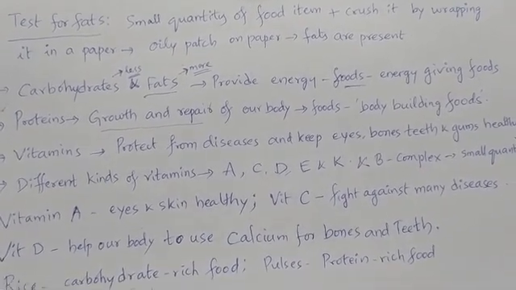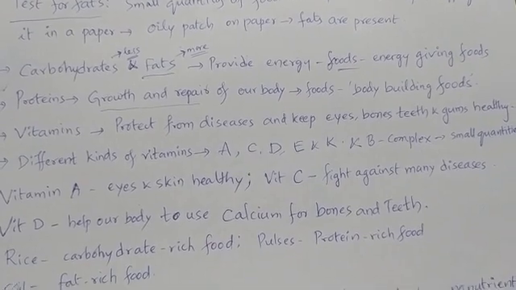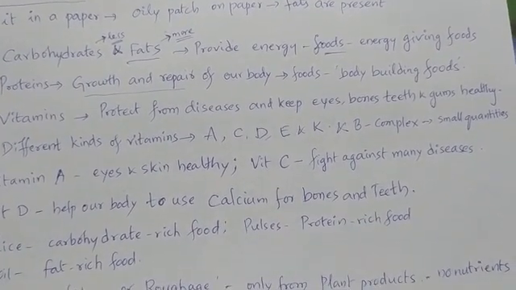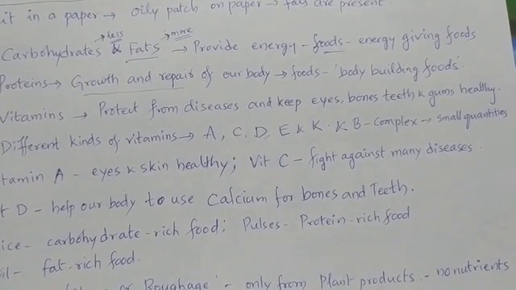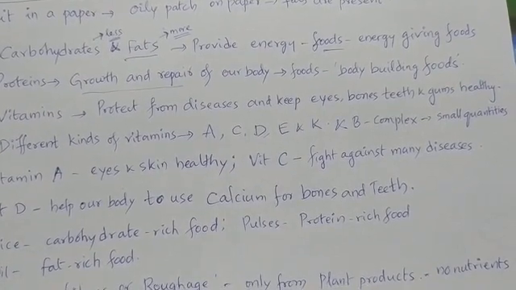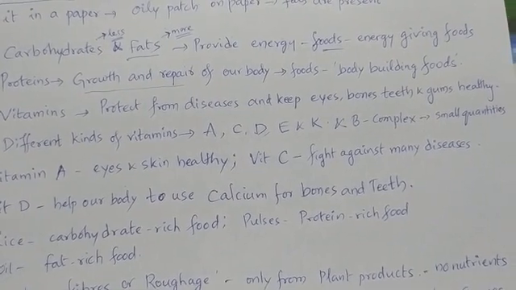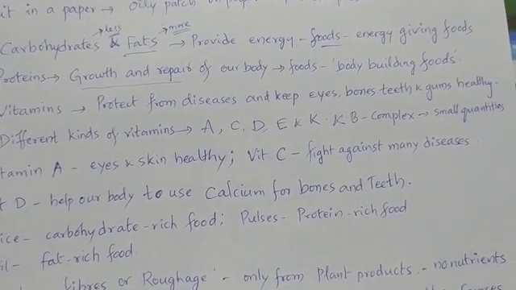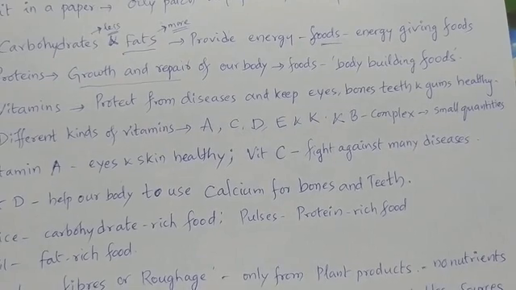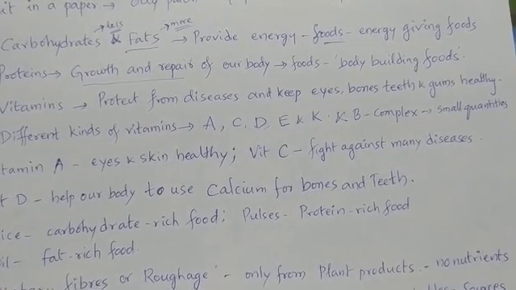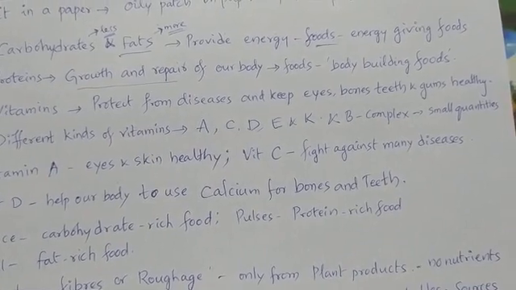Coming to vitamins. Vitamins protect us from diseases and keep our eyes, bones, teeth and gums healthy. There are different types of vitamins: A, C, D, E, K and B complex vitamins.